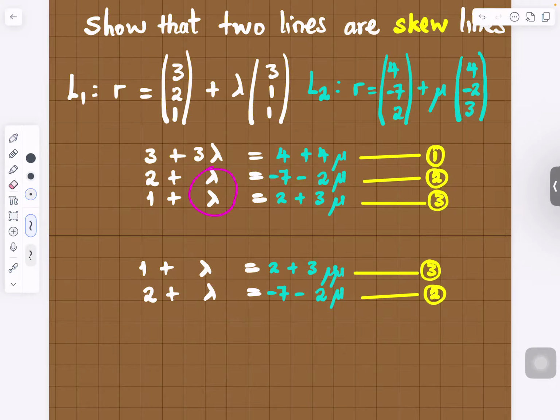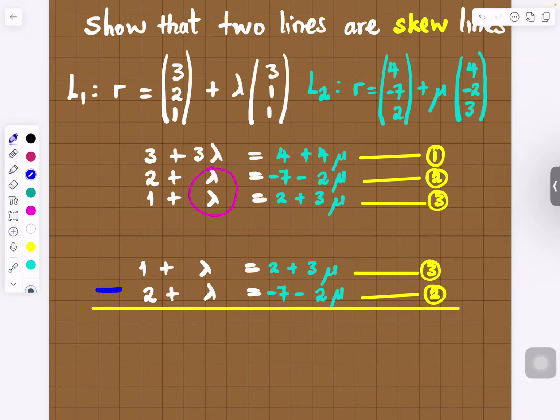So the line there, the minus in blue. 1 minus 2 gives you minus 1.